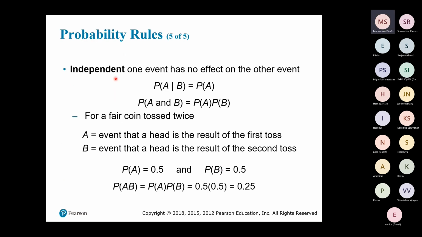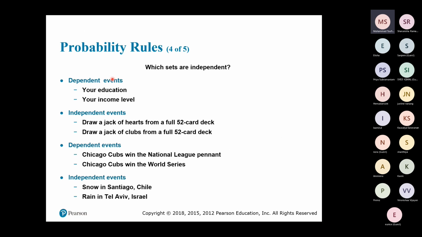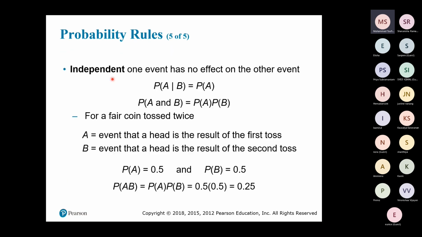So independent, that is why we're talking about independent: if one event has no effect on another event. For example, a fair coin tossed twice. The first event is that head is the result of the first toss, and the second event is head as the result of the second toss.